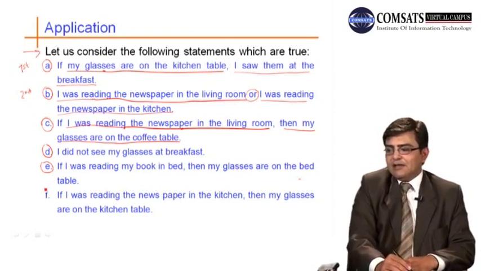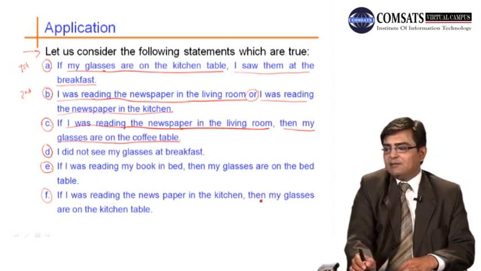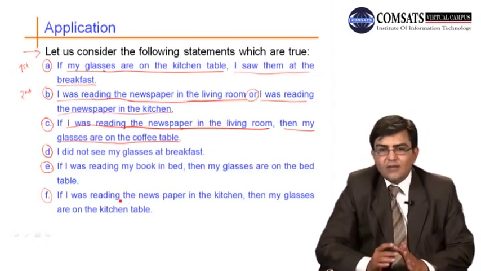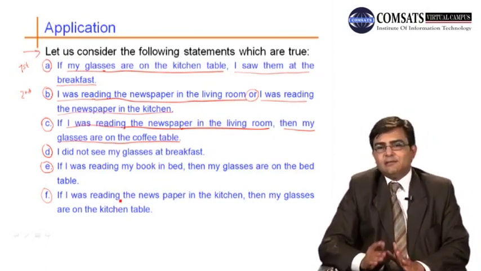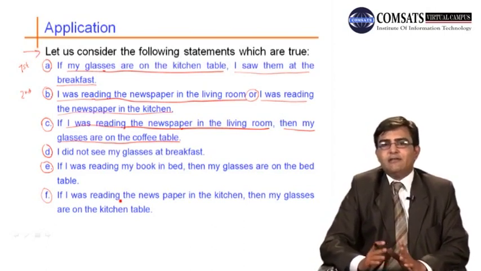The last assumption he made: if I was reading the newspaper in the kitchen, then my glasses are on the kitchen table. So these are the set of assumptions he made just to remind where he put or where he forgot his glasses.